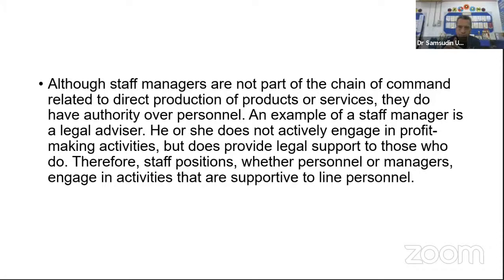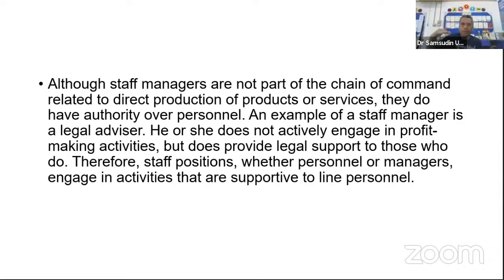There is authority, and there is power. The staff manager has power also, but they are not part of the chain of command, not in the line structure.